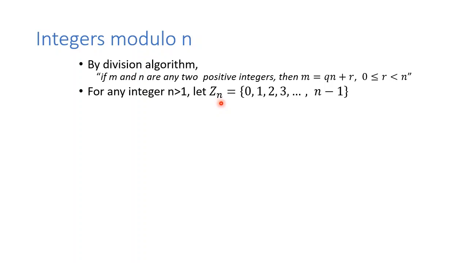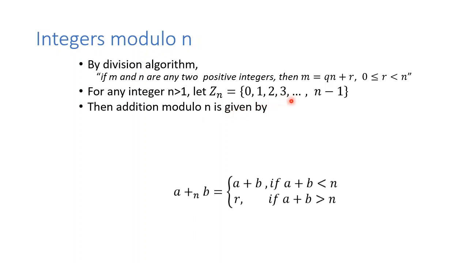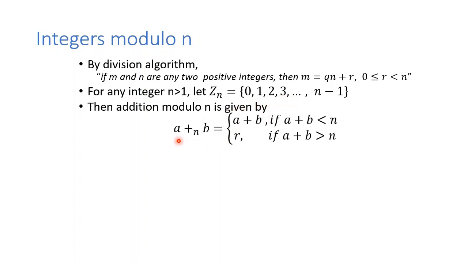So for any integer n greater than 1, let Zn be equal to the set of all numbers from 0 to n minus 1, that is, class 0, class 1, class 2, etc., class n minus 1. Then addition modulo n is given by a plus_n b is equal to a plus b if a plus b is less than n.